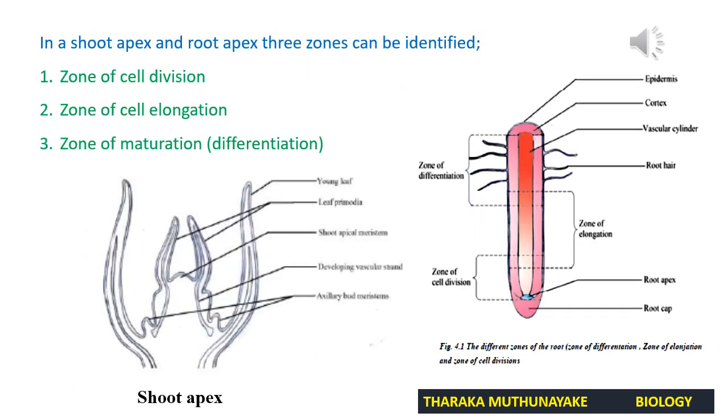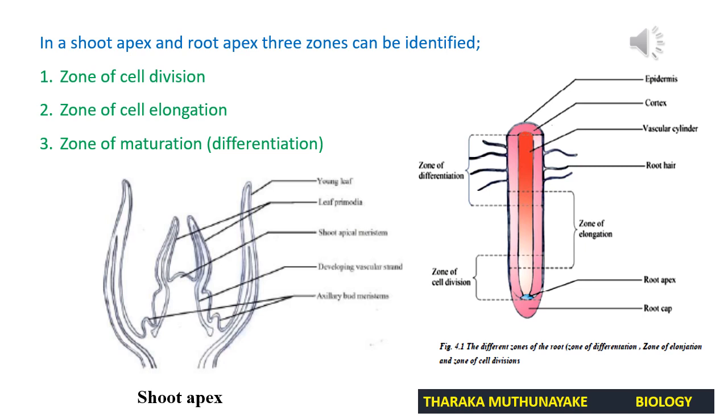Previously we said that meristems are found in growth points of the plant like shoot apex and root apex. And also we said earlier, the meristems in these growth points divide constantly under suitable conditions and add new cells to the plant. Then those new cells are elongated. Then they differentiate and produce permanent tissues.